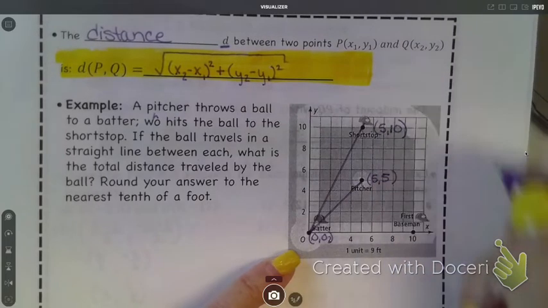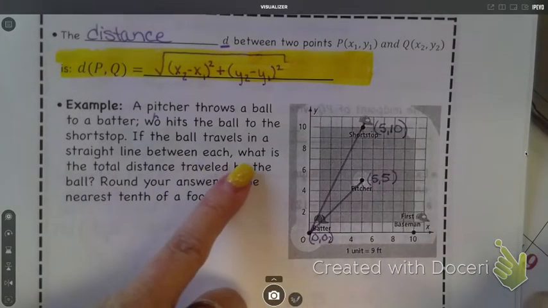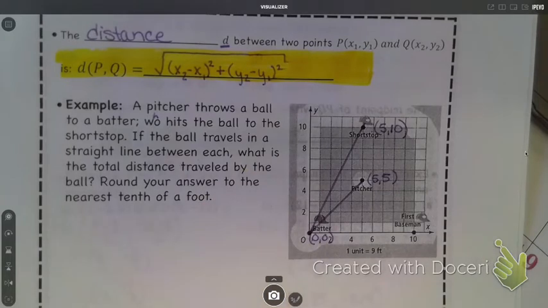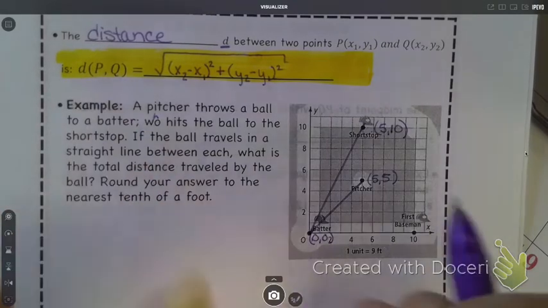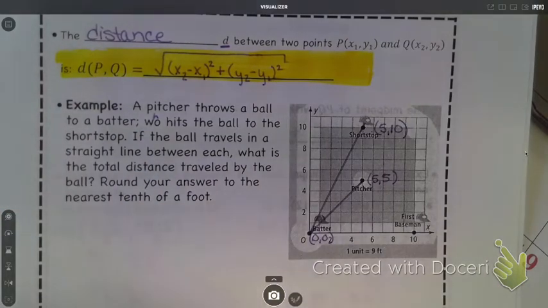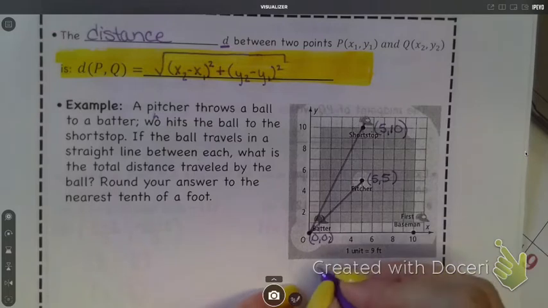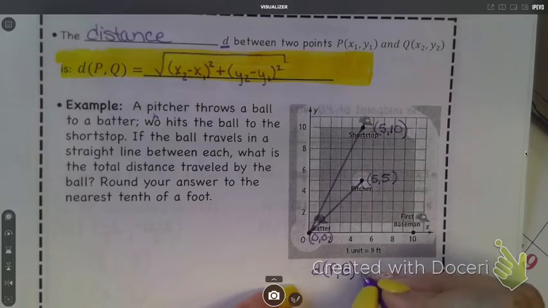So how are we going to solve this? Find the total distance traveled by the ball. Do the same thing we've been doing. So we're going to find the distance, and what are we going to do with those two distances? Add them together. So we're going to take D of P comma B. What's P comma B stand for?